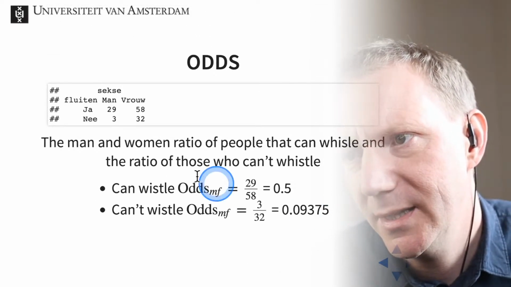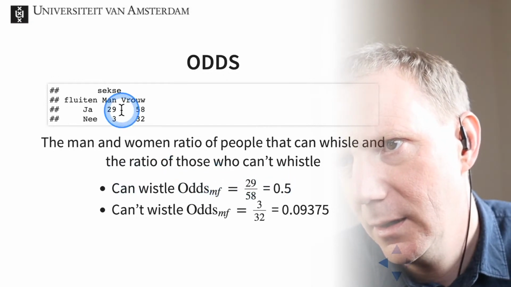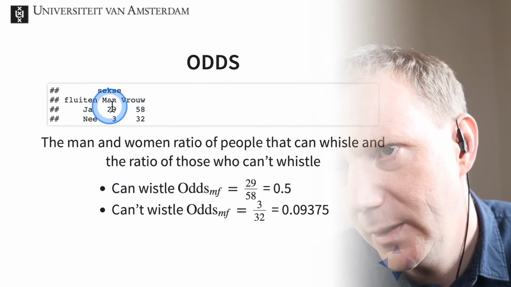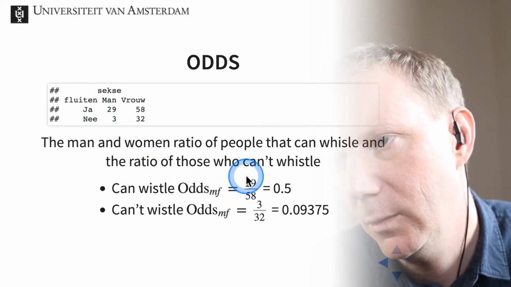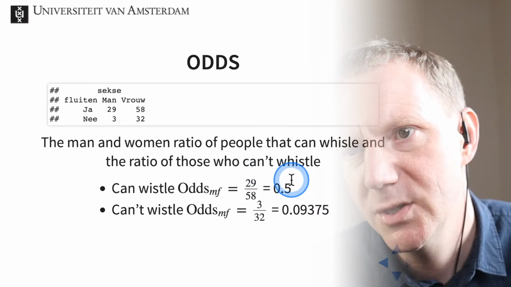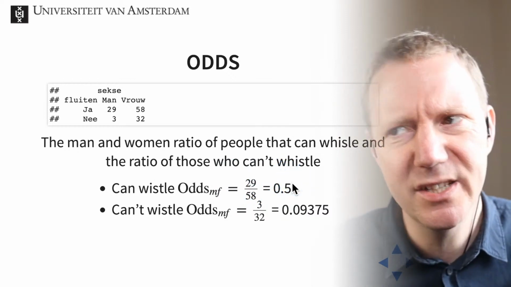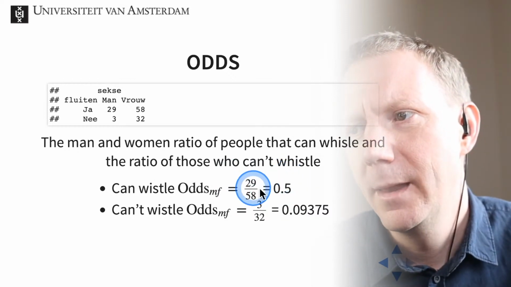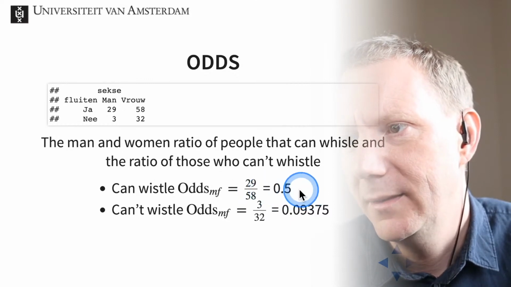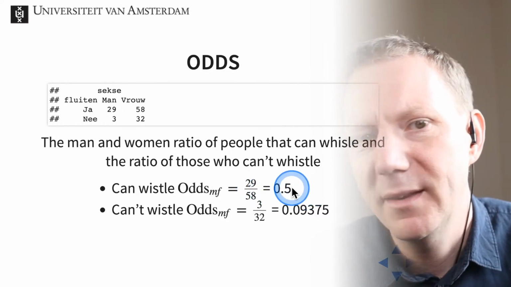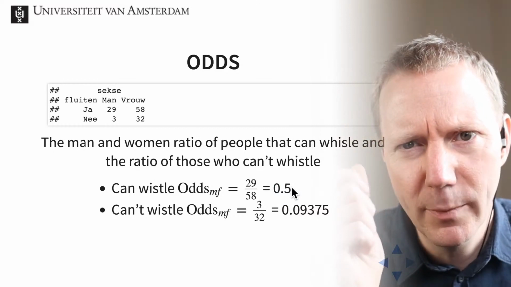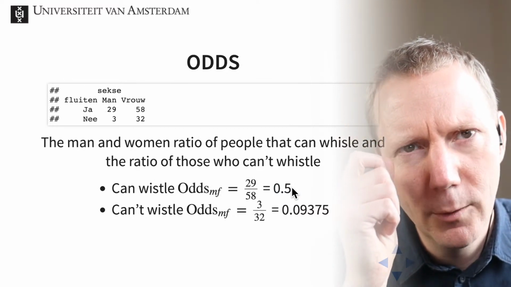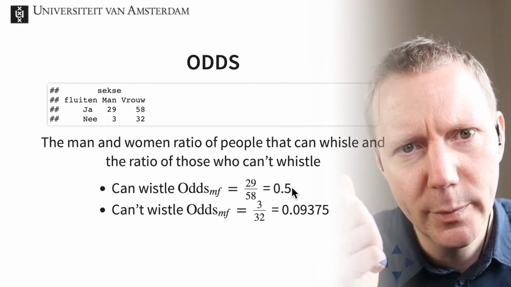So here you can see that the relation between males and females that can whistle is close to each other. So in terms of effect sizes, I would argue that this ratio is not that low. But again, how to interpret the ratio, right?